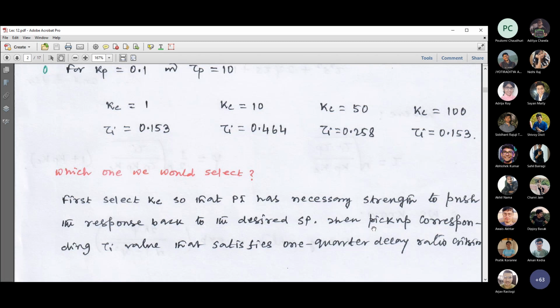You see some guideline is given here. You first select Kc so that PI has the necessary strength to push the response back to the desired set point. Then you pick up corresponding tau I value that satisfies 1/4 decay ratio criteria.